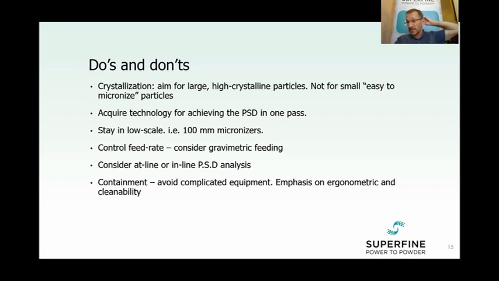And once you're inside the glove box, put an emphasis on ergonomics and cleanability, because these are the important things to make the process smooth, to make sure your workers don't take shortcuts by opening the glove box in the middle. And of course that it is easy to clean between batches.